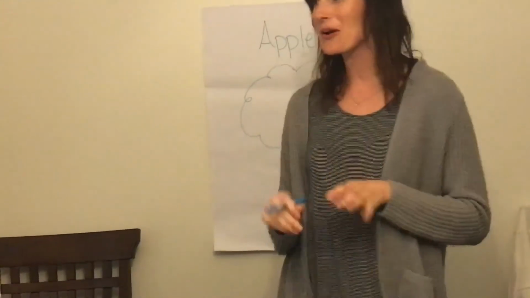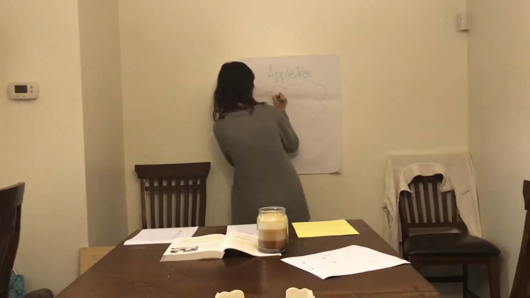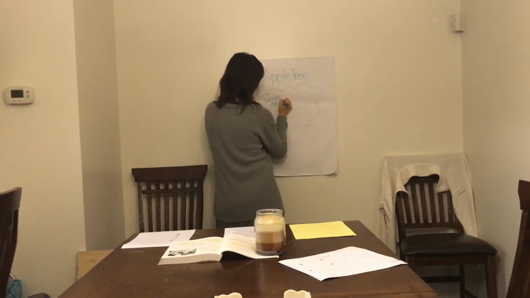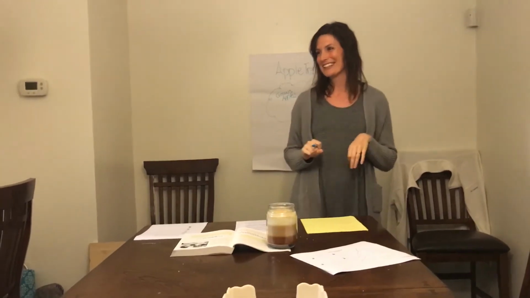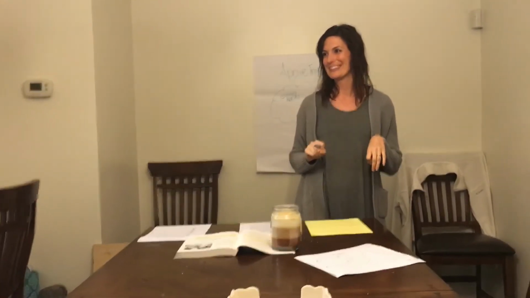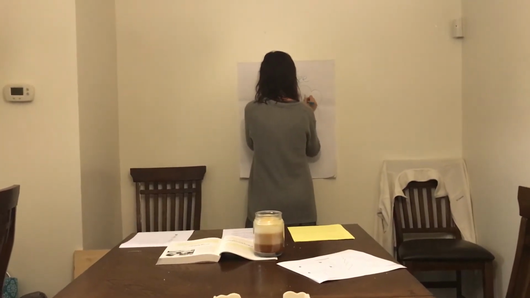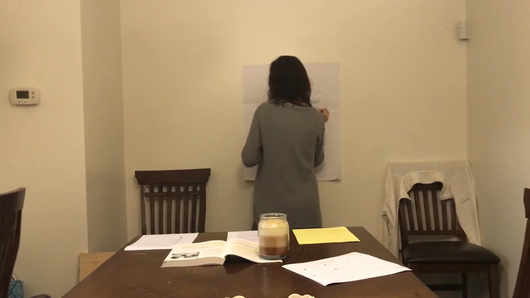So what do you all know about an apple tree? What does it do? It grows apples. It grows apples. I was hoping someone would say that. Callie, you know anything about an apple tree? They can grow different types of colors. Different colors. Do apple trees last, do their leaves last all year?